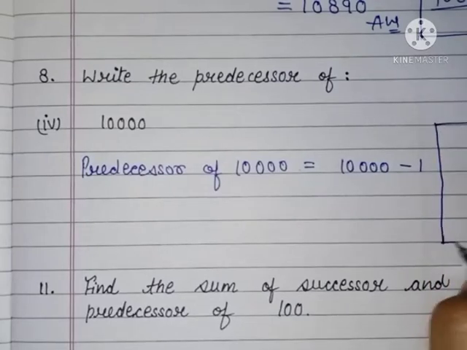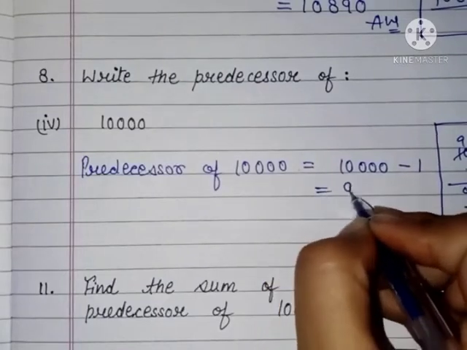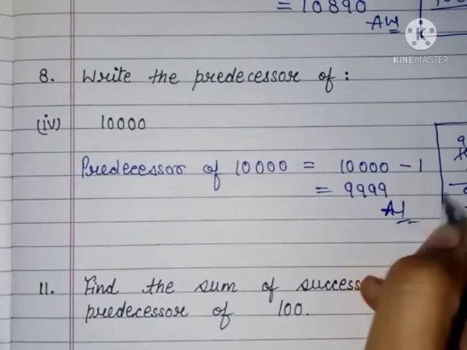So subtract in the rough work. 10,000 minus 1, take borrow from this, 9, 10, 10 minus 1, 9, 9, 9, 9. So this is 9,999. This is the predecessor of this given number.